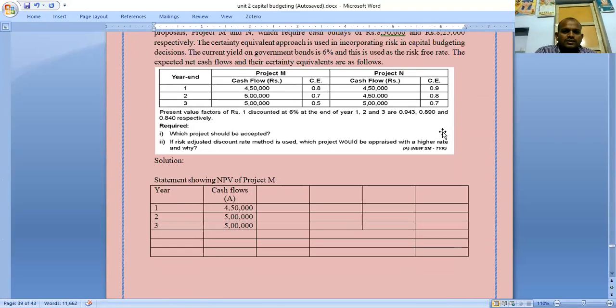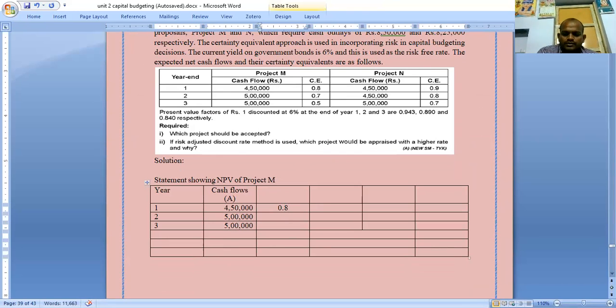So in the illustration, CE factor is given for project M 0.8, 0.7, 0.5. So we will get the adjusted cash flows, certainty cash flows.